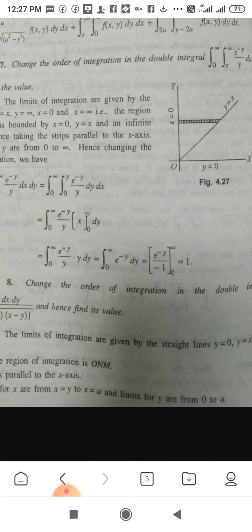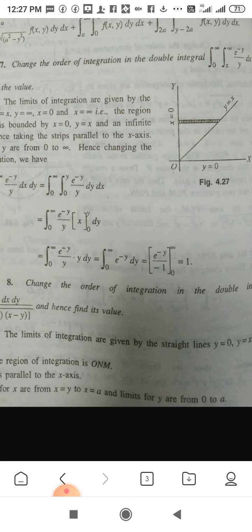Then putting the value, 0 to infinite e to the power minus y upon y into y, y and y cancel out, then it is only e to the power minus y dy. Then again integrating it, it gives e to the power minus y upon minus 1.